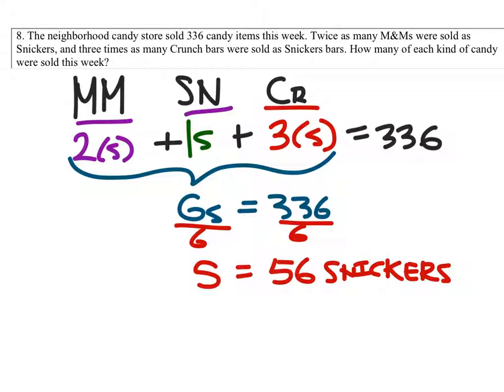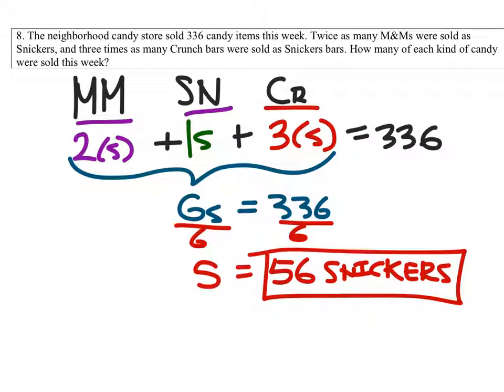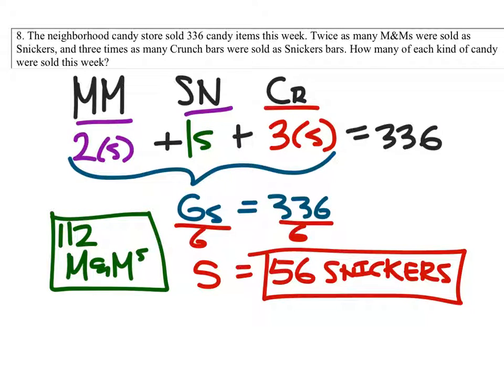Well, it didn't want to know how many Snickers. It wanted to know how much of all the candies. The M&Ms is twice that many, so 2 times the 56 would be 112 M&Ms. And finally, 3 times as many Crunches, so 3 times these, 168 Crunches.